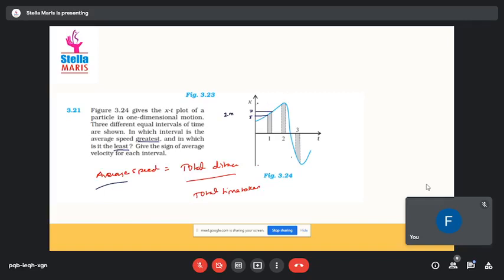But here, as you can see, the second position is very close. This could come to just 1 meter. So the distance which is least, in which interval is it least, 1 or 2? Come on.